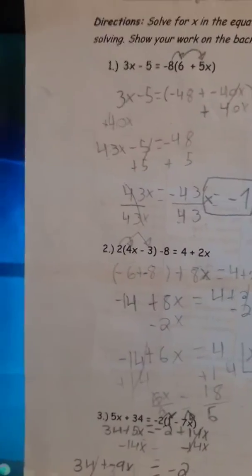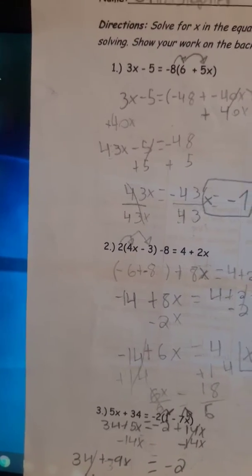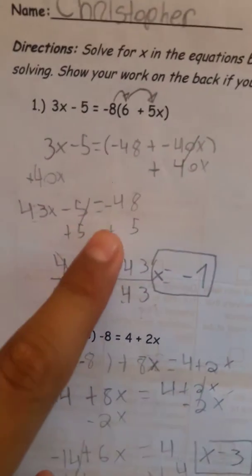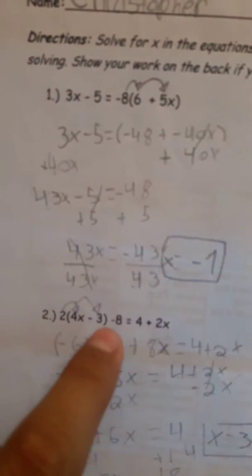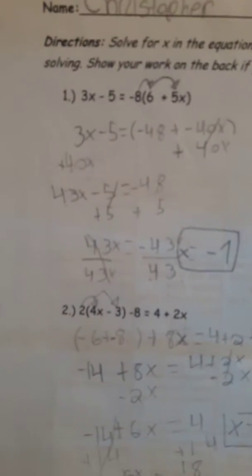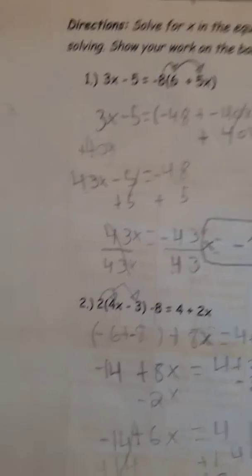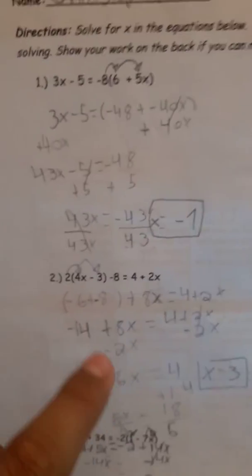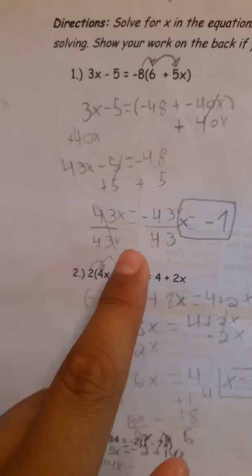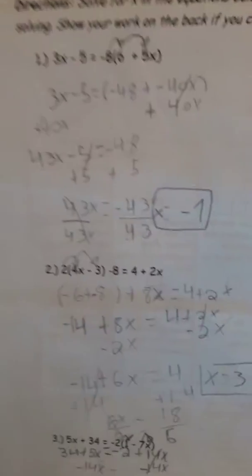Then I did plus 5 by both sides, cross this one out, then did plus 5, and I got negative 48 plus 5, and I got negative 43, and 43x here. So we have to do 43 divided by 43, cross that one out, then bring this one to the other side and divide, and x equals negative 1.